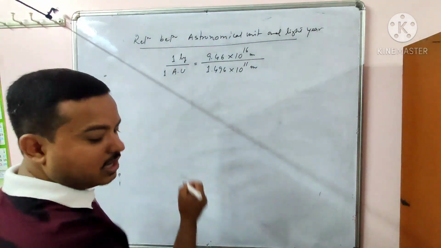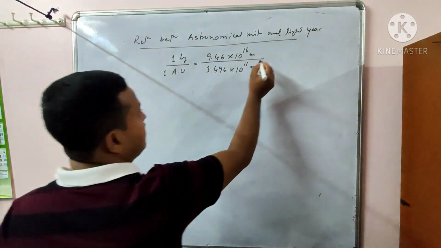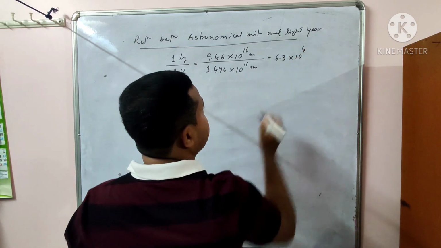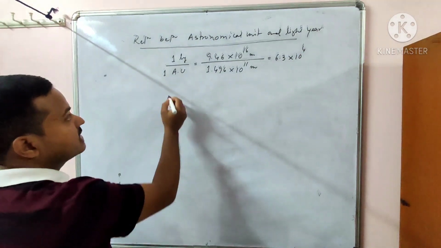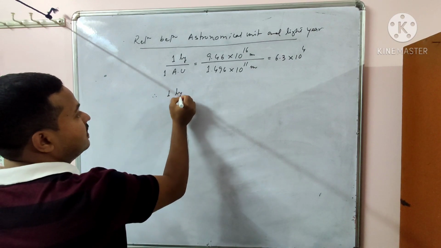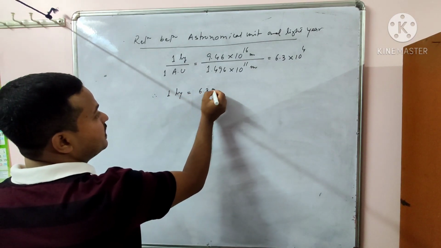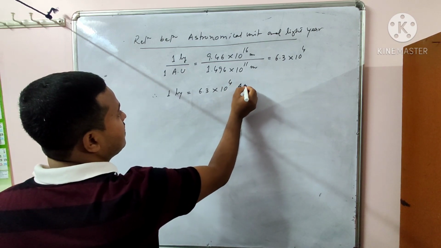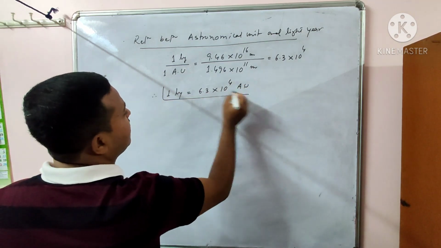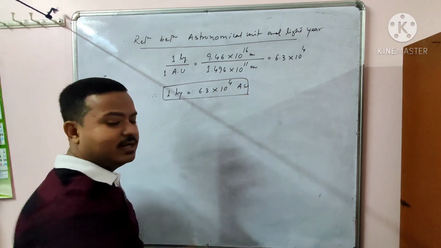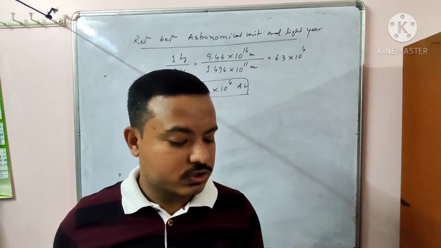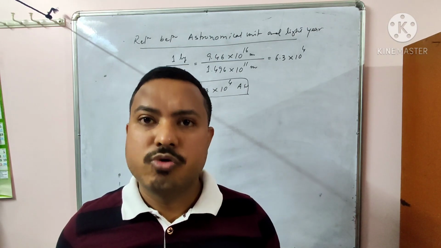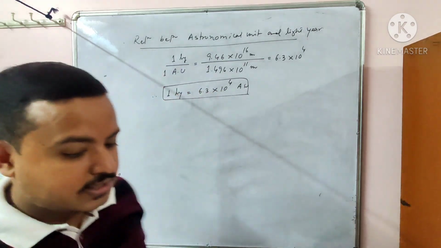If we divide it, it comes to be 6.3 × 10^4. So you can see that 1 light year is equal to 6.3 × 10^4 astronomical units. You can remember this relation between light year and astronomical unit.